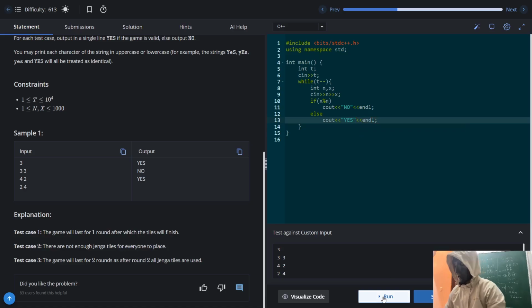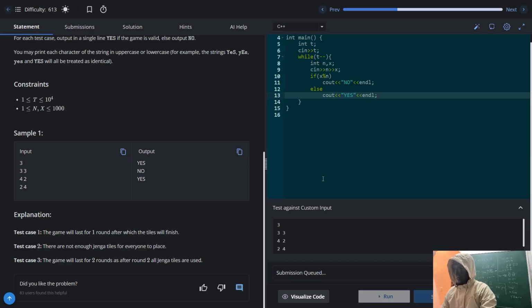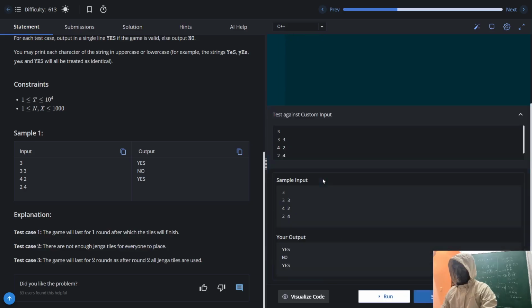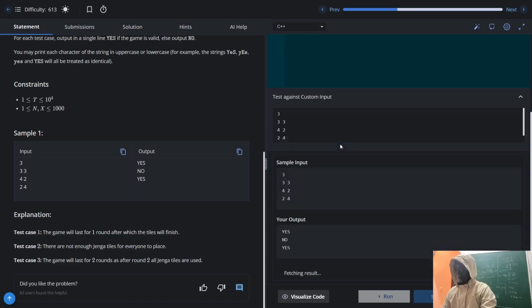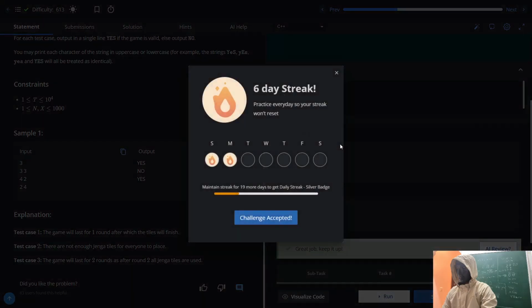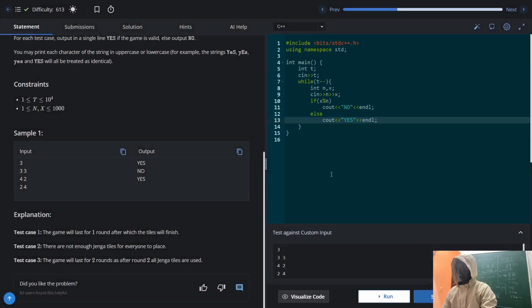So let's try to run the code. So we got yes, no, yes, let's try to submit the code. Yeah, it got accepted, so it was an easy problem only.